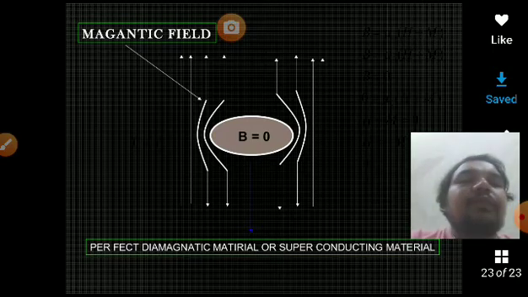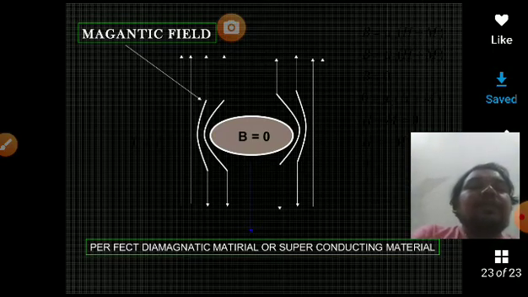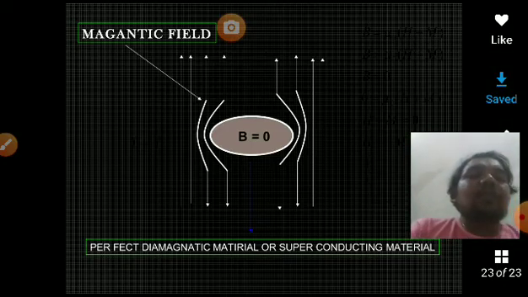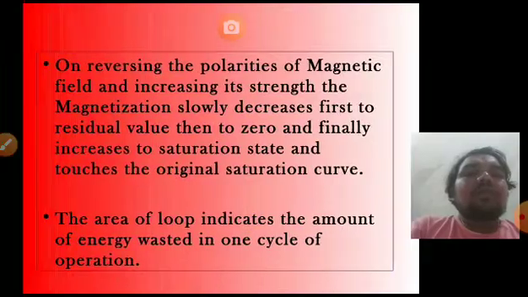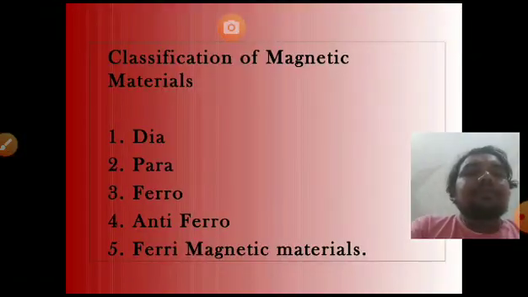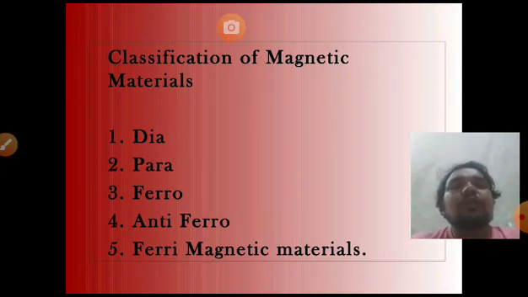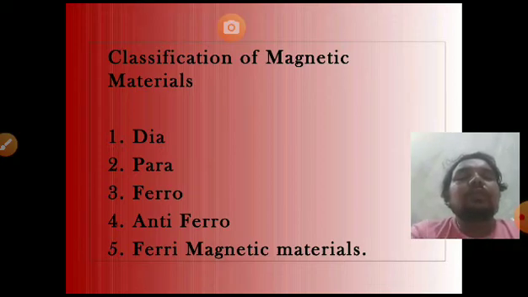Magnetic field B is equal to 0 inside a diamagnetic material; the magnetic field does not enter the specimen. When the magnetic field does not exist in the material, such material is called diamagnetic material.